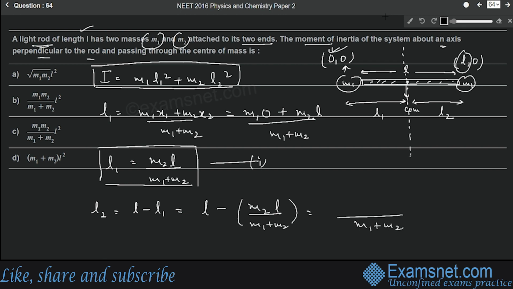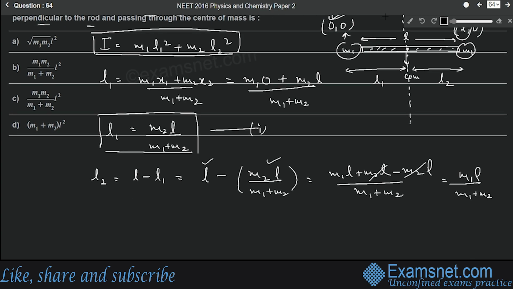On this side we multiply L with m1 plus m2, so m1 L plus m2 L, then minus m2 L. So plus m2 L and minus m2 L will cancel out. We'll get m1 L upon m1 plus m2. Okay, so this is the value of L2. L2 is equal to m1 L upon m1 plus m2. So we have got L2 as well. This is equation number 2.